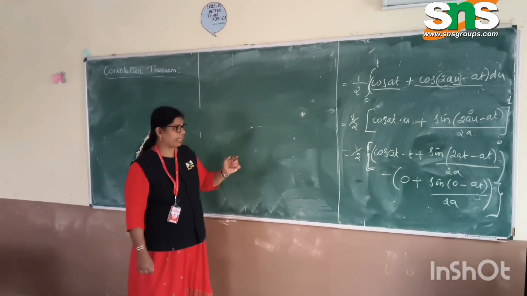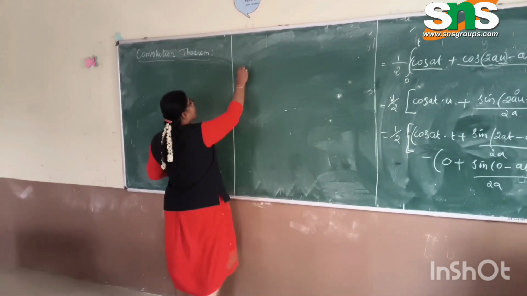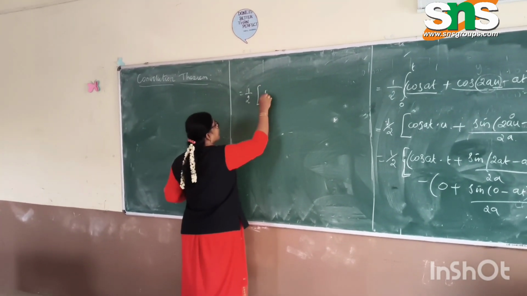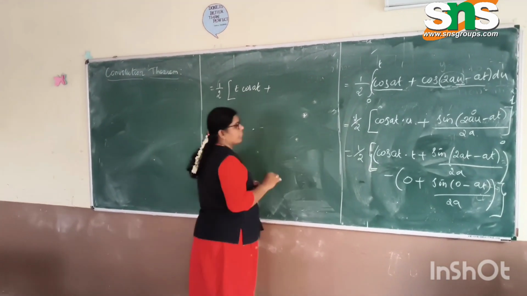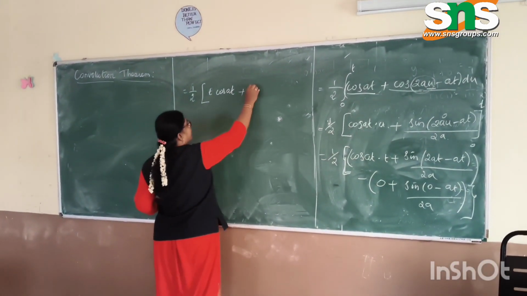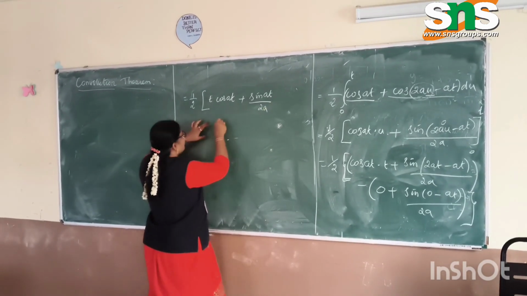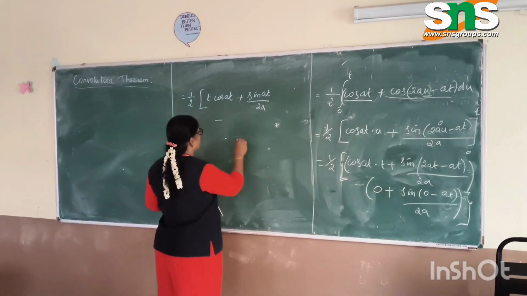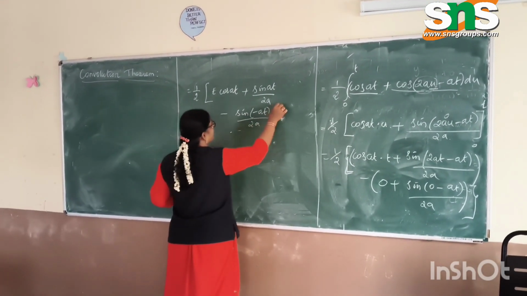Substitute the upper limit minus the lower limit. Simplifying, 1 by 2 cos at into t cos at plus sin(2at minus at), which is sin at by 2a, minus the lower limit term, sin of minus at divided by 2a.